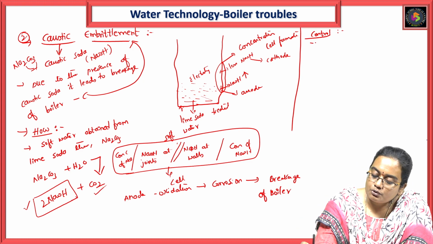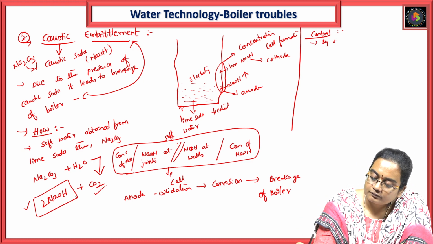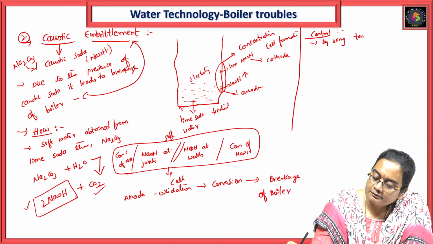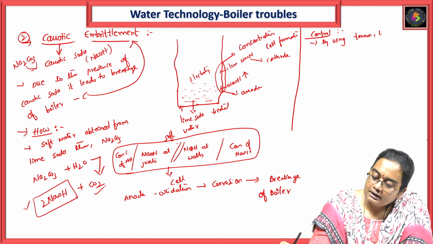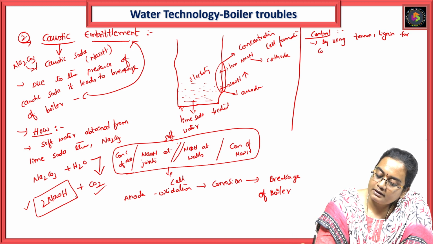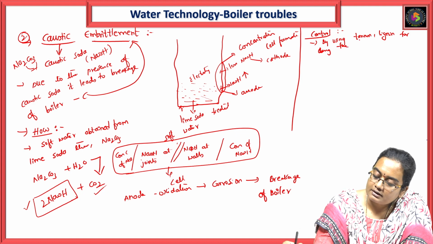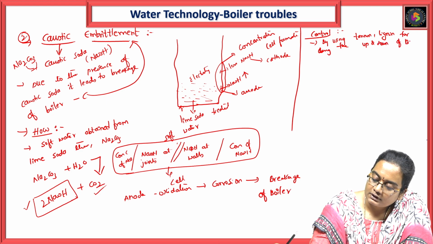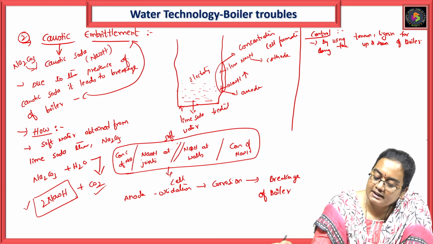So by using tannin and lignin for closing the ups and downs of the boiler, it is acting as a sealing agent.